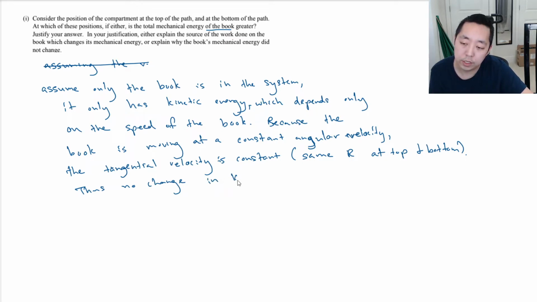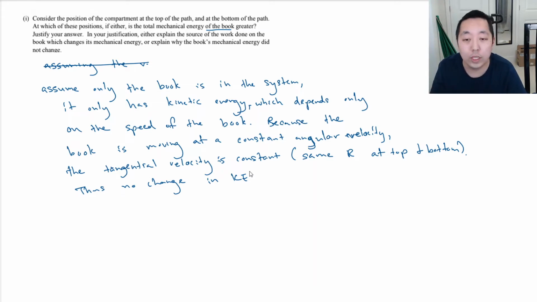Now, let's say you thought, I'm going to assume gravitational potential energy. If you did make that assumption, you should include the gravitational potential energy and word it a little differently. Clearly, the kinetic energy didn't change, but the gravitational potential energy did increase.